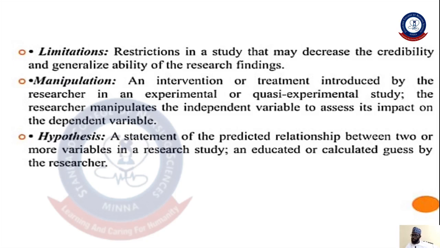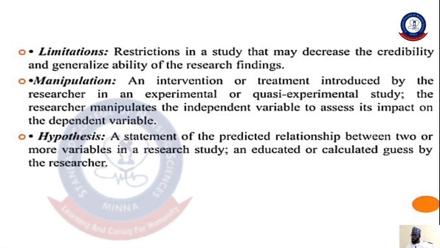Then manipulation is an intervention or treatment introduced by the researcher in an experimental or quasi-experimental study. The researcher manipulates the independent variable to assess its impact on the dependent variable. Hypothesis is a statement of the predicted relationship between two or more variables in research studies.